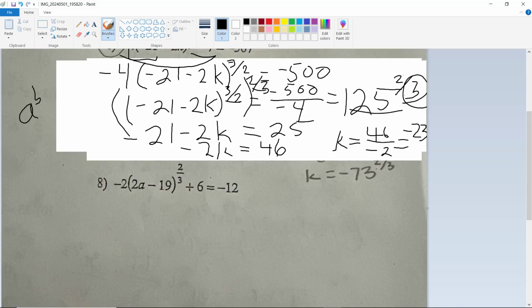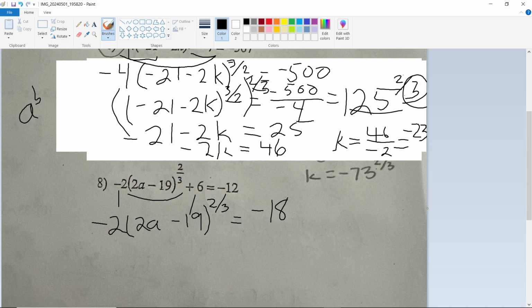So let's see, here's number 8. Same thing here. Before I can do anything with this, I have to get rid of the negative 2 and the 6. So first I'm going to subtract 6 from both sides. Negative 2 times 2a minus 19 raised to the 2/3 power equals negative 12 minus 6 is negative 18.